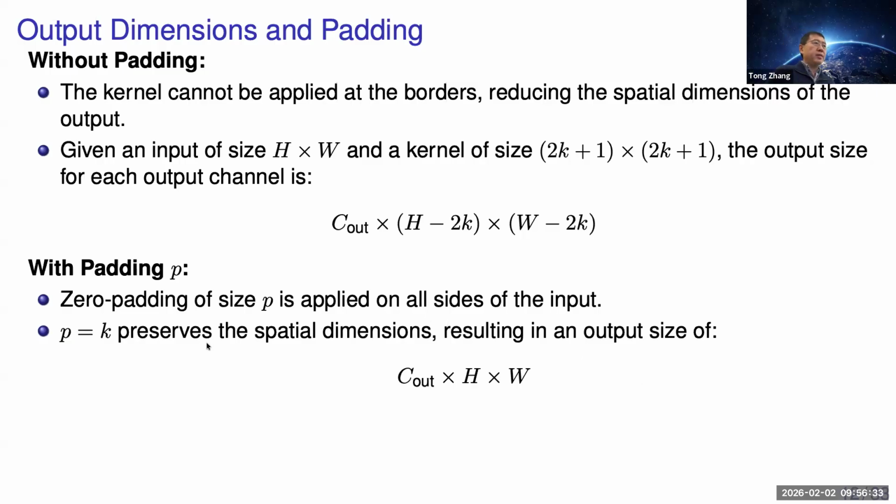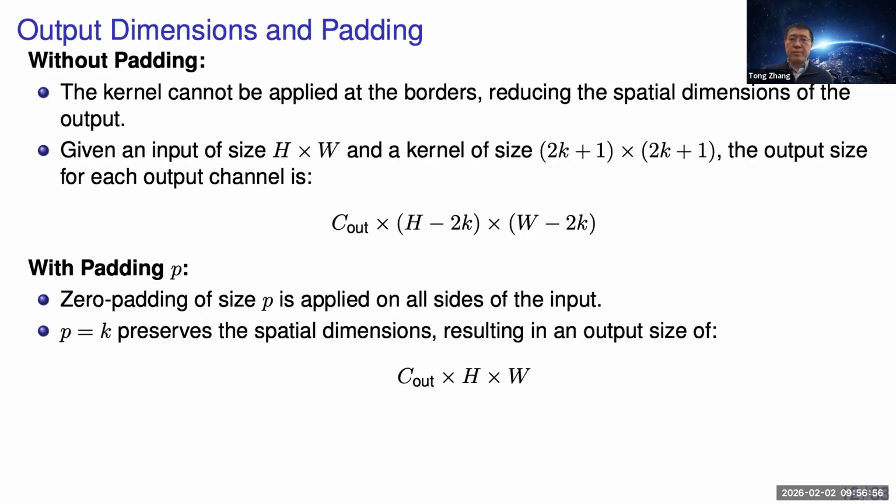Padding equals k, applied to all sides. You could ask, what if p is 2k? Then you enlarge the image. But usually people don't do that, because what you enlarge is pretty much zeros. But p equals k is pretty frequent, just to make sure your output image is the same as your input image.